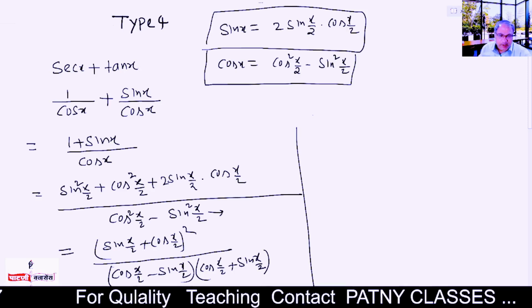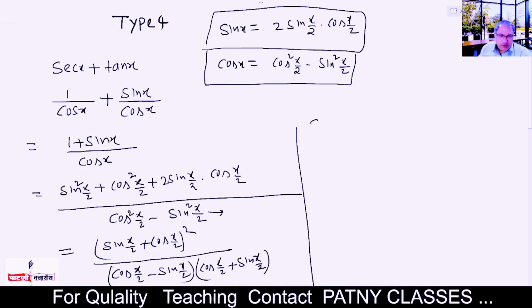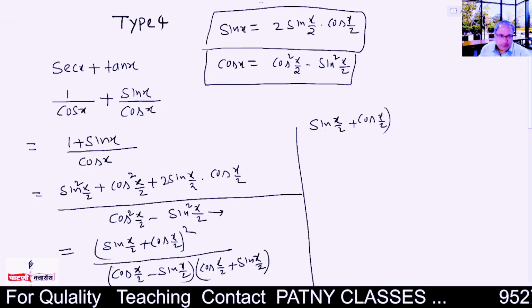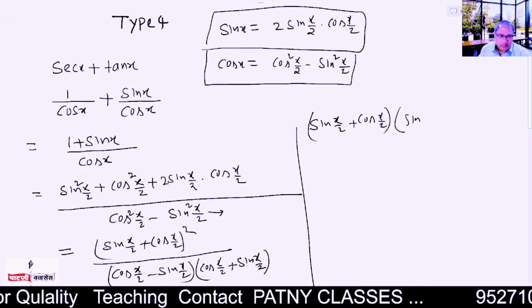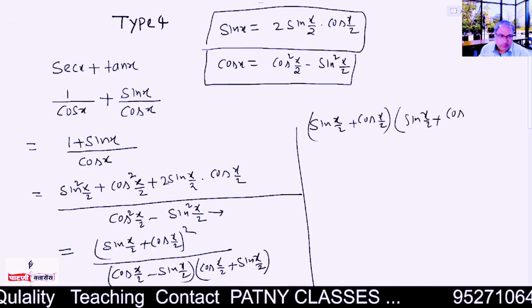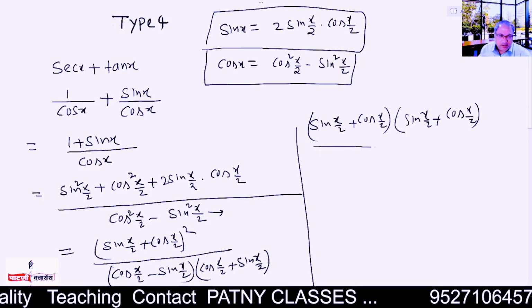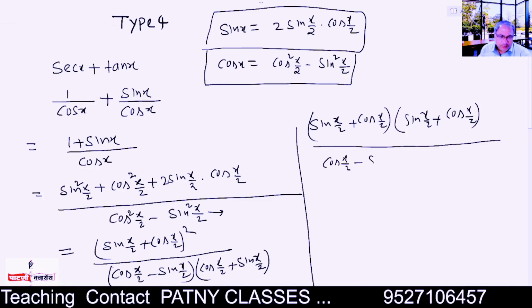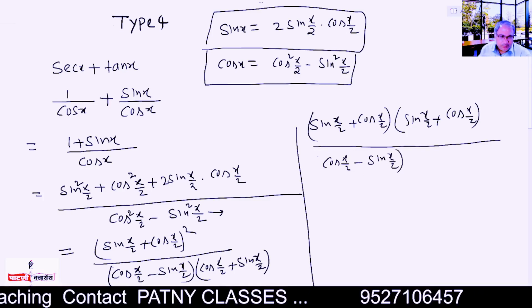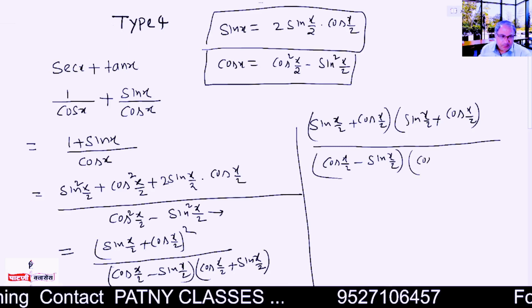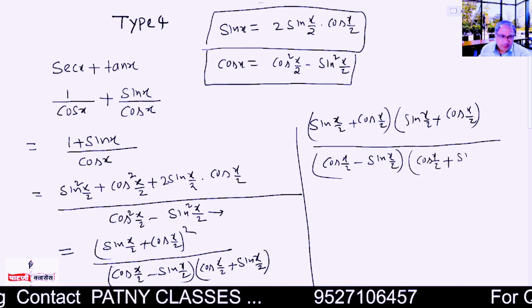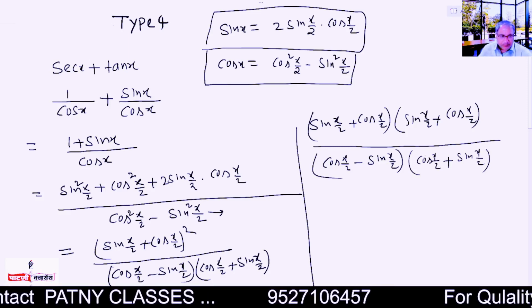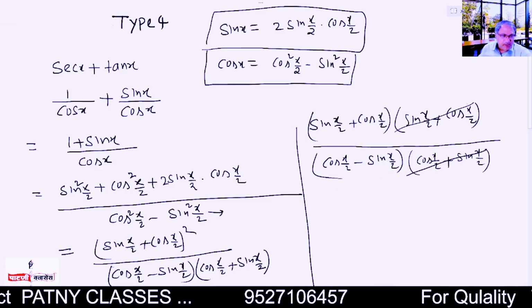So this is equivalent to, here is a square, so I can write it twice, and the denominator as it is. This and this get cancelled.